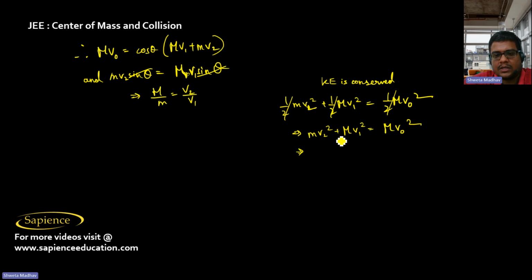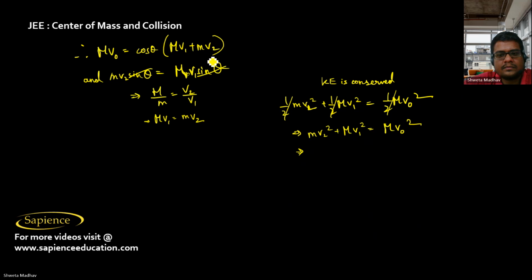If we divide this by v1 square, from here we can say M v1 is equal to m v2.